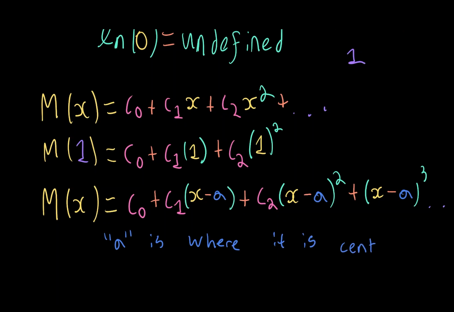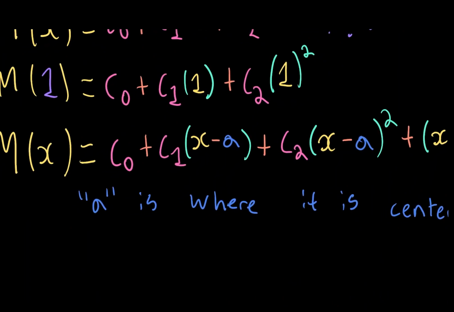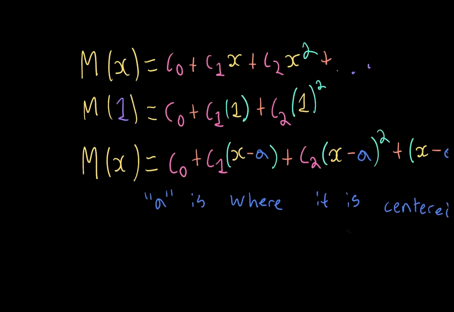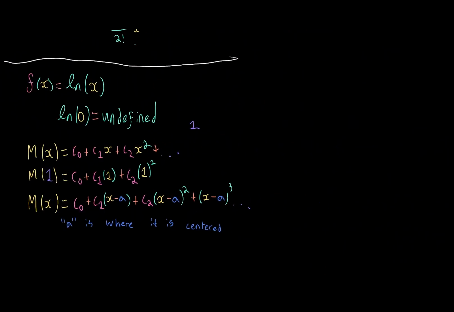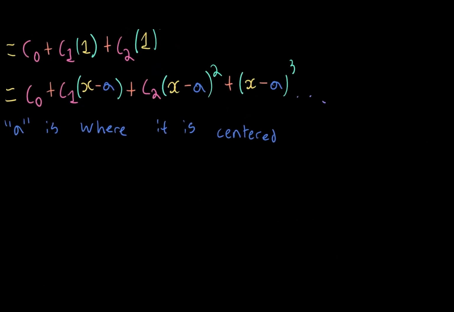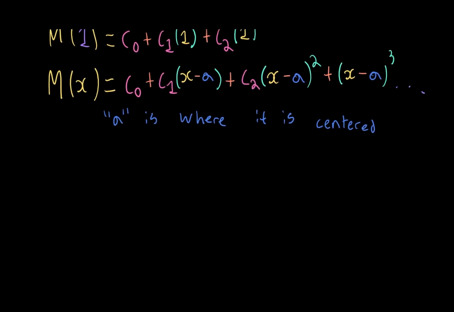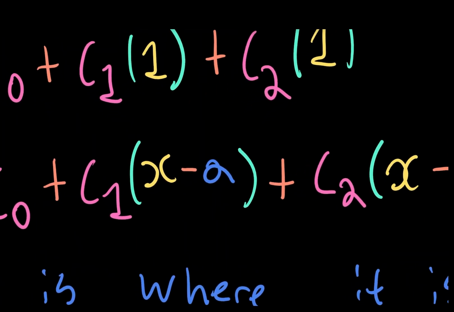And that's what a Taylor series is. A Maclaurin series is a type of Taylor series, but a Maclaurin series is centered on 0, so a is equal to 0. But a Taylor series can be anywhere, including 0. So if you think about it, when we did the sine one up there, we set it as a Maclaurin series, a equal to 0, and that makes sense here because x minus 0, right?